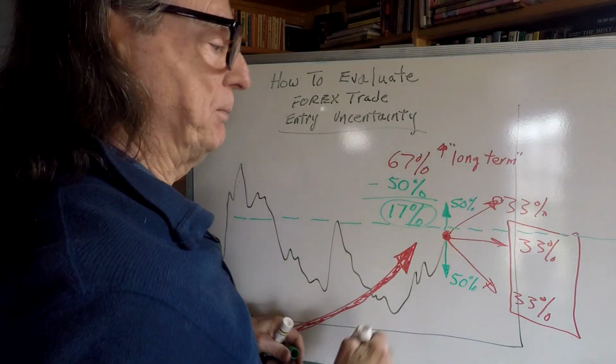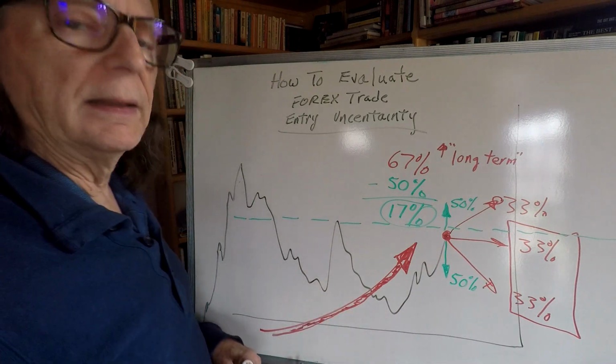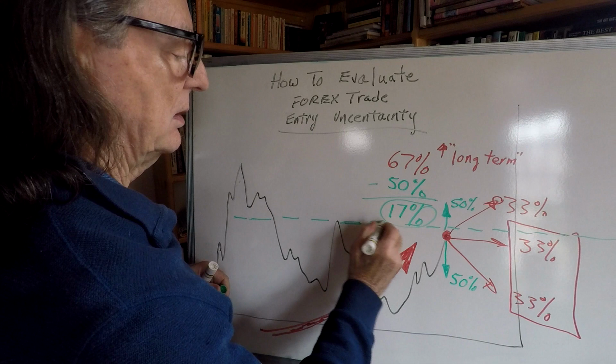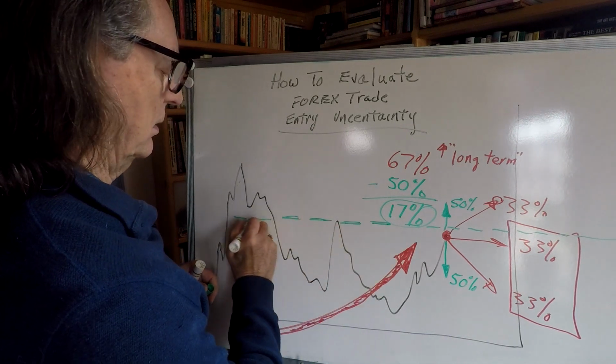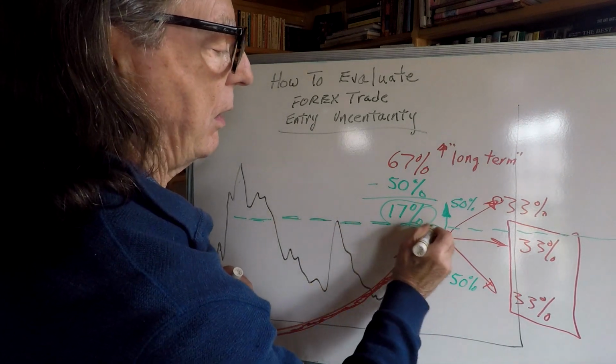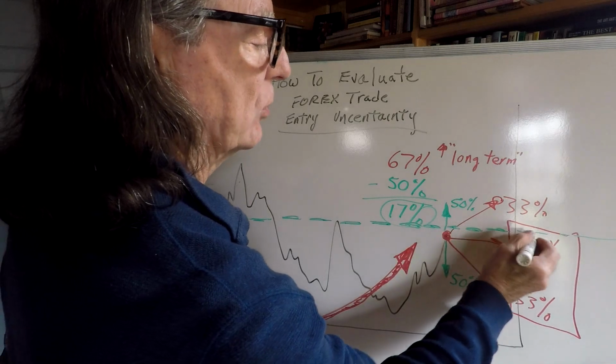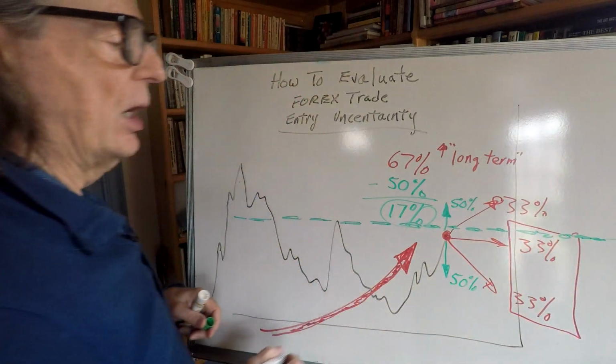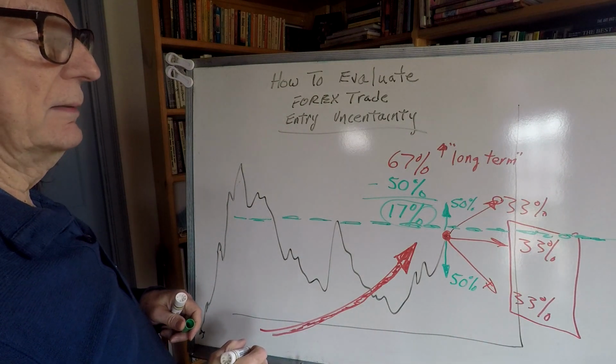Are you going to take that bet that you're going to go long at that point, when faced with this ominous situation of this really strong support zone? I don't think you'd want to do that.